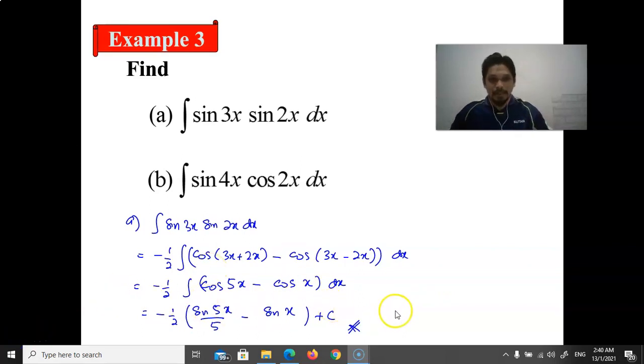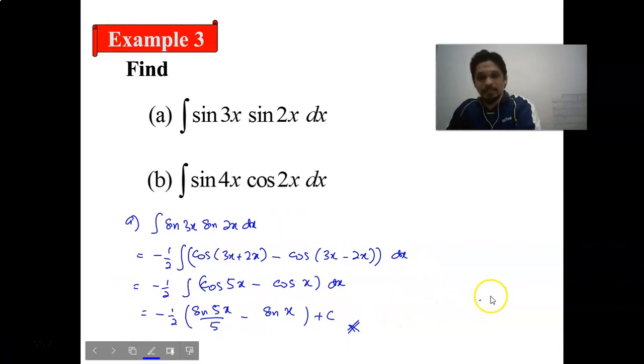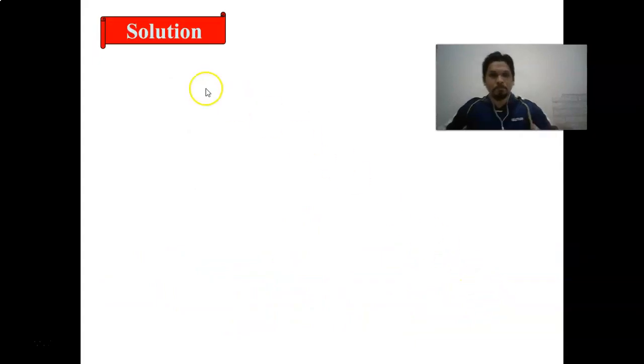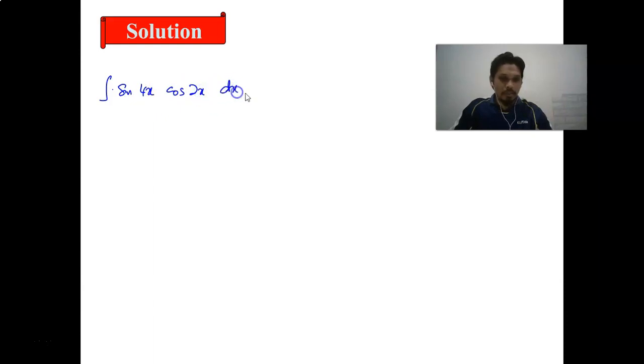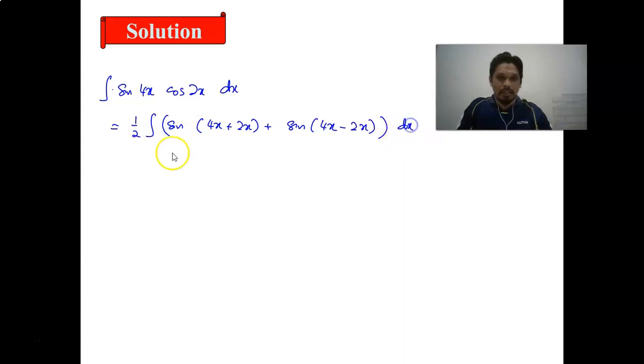There you go. Okay, for question B, next. For question B, integral of sine 4x cos 2x dx equal to 1 over 2 integral of sine 4x plus 2x plus sine 4x minus 2x dx.